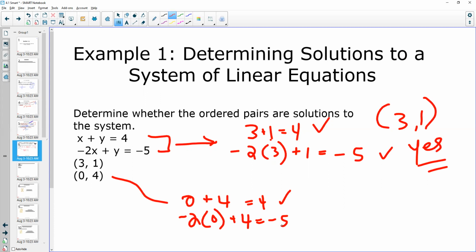Well, -2 times 0 is 0, so we get 4, and 4 does not equal -5. So this is not a solution. The answer here is no, not a solution to this pair.